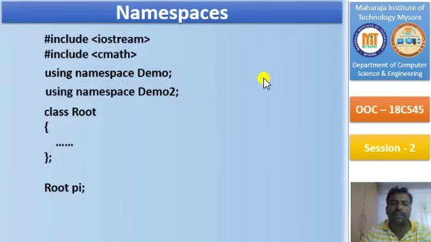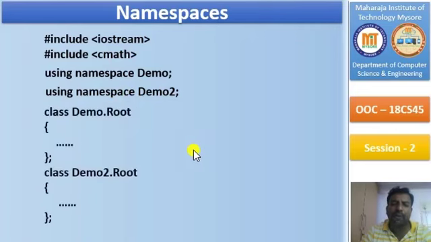Now just look at one more example. I am creating two local spaces here, demo and demo2. When I use these two local namespaces, I have a class root, and this root belongs to the demo2 namespace, because that is the latest one I have defined.